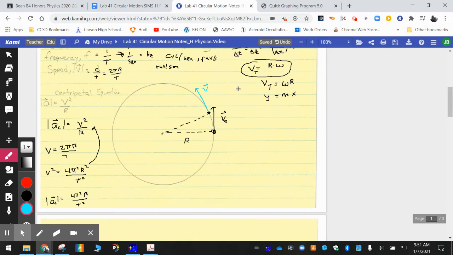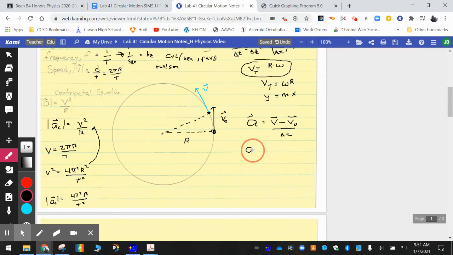Let's go back to black here. Normally, acceleration is v minus v0 divided by delta t. These are vectors; we have two vectors here.